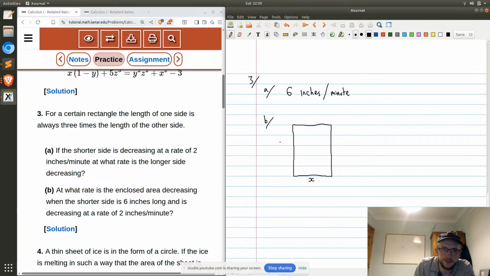X, but that's simply 3x, isn't it? And dx by dt.